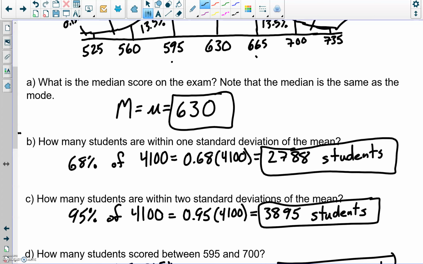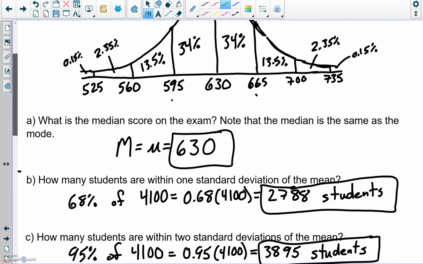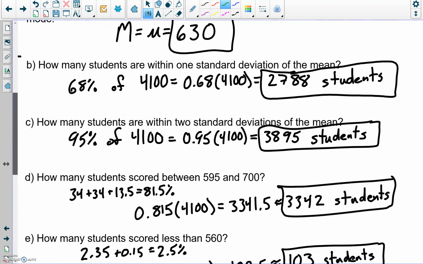So this next one, this is not as trivial, 595 and 700. So this is where you want to come up to the graph. This is why it's so important to draw this thing. You put 595 and you go over to 700, and then you add up in between these two all the percentages so you can find the percent within those two.